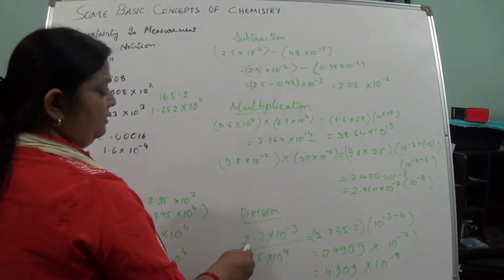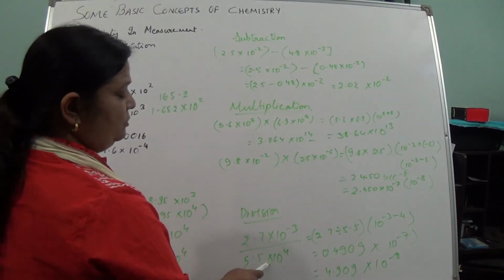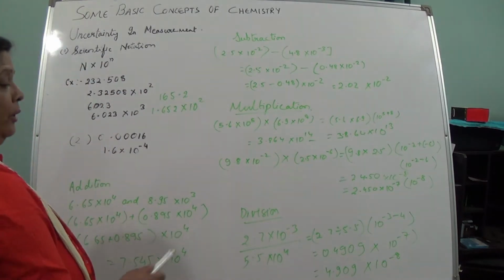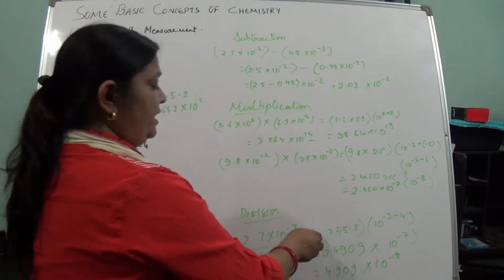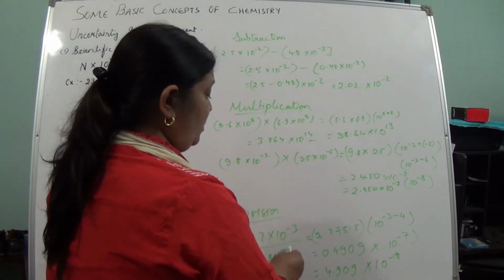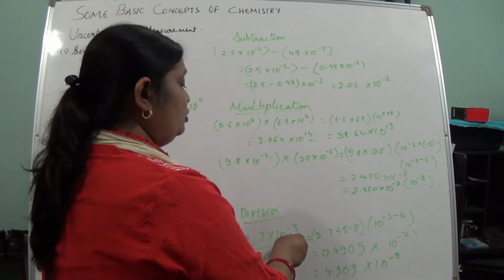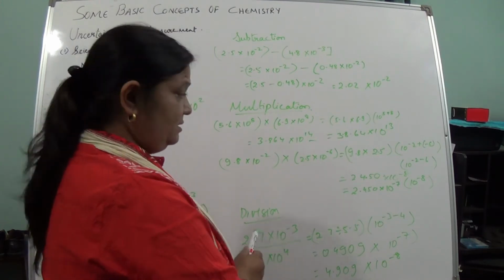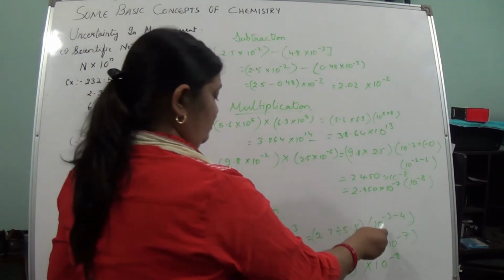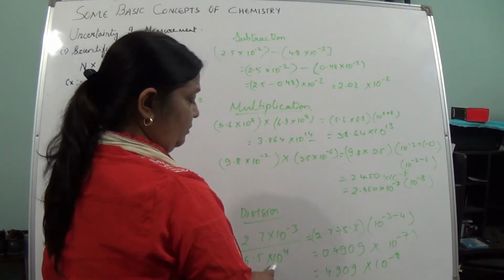Like I have taken the figure 2.7 into 10 to the power minus 3 upon 5.5 into 10 to the power 4. We will just divide 2.7 by 5.5. But what happens to the powers? We will subtract them: numerator minus the denominator. Here it is 10 to the power minus 3, and here it is 10 to the power 4.